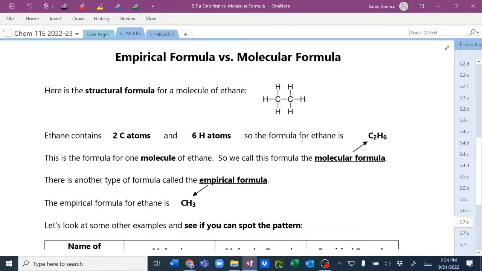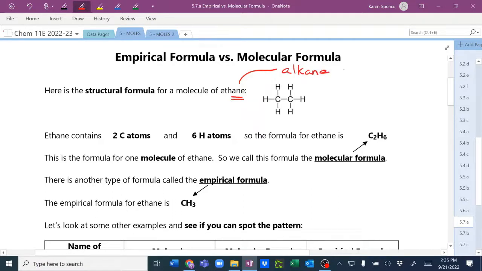So, my friends, we have the structural formula of ethane. What does the prefix eth mean? Two carbons. The suffix ane means that it is an alkane, which means that it is just carbon and hydrogen and just single bonds.